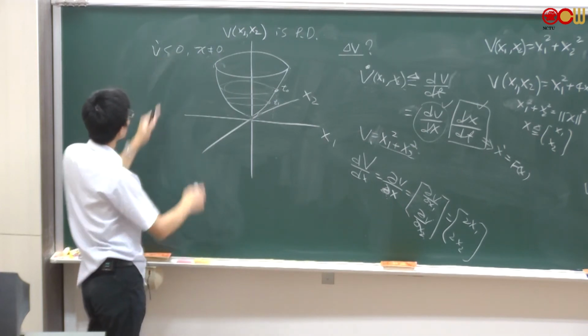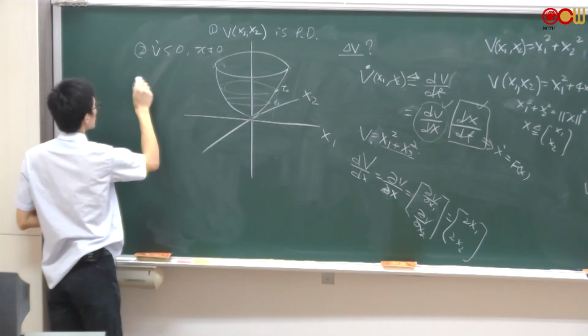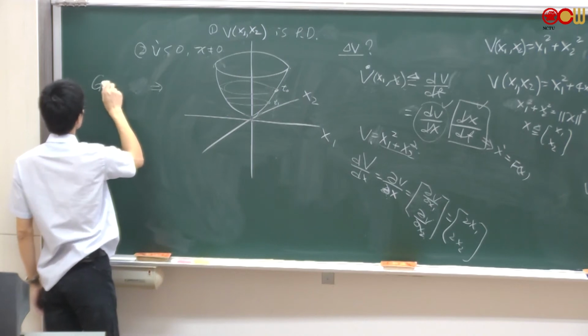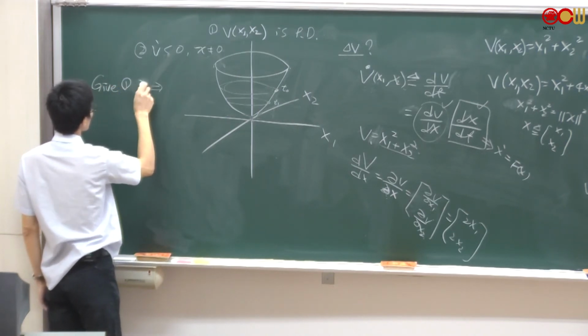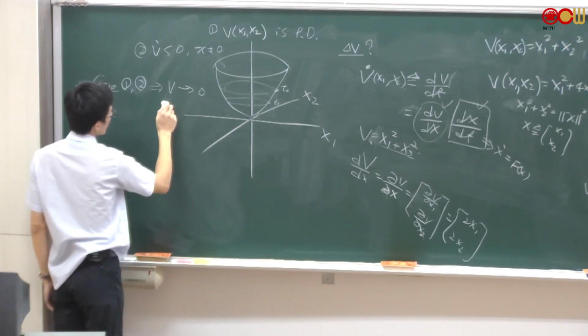Then you can say, given these two conditions, 1 and 2, V will reach 0 as t goes to infinity.